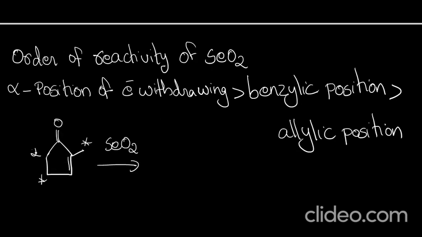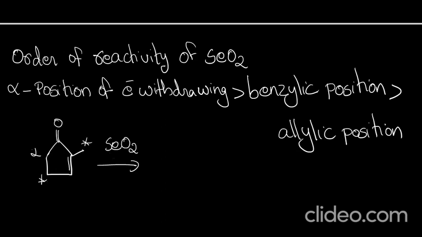It has an alpha position of an electron withdrawing group like a carbonyl group, and it also has two allylic positions. This is an allylic position and this is also an allylic position. Which oxidation will take place in the presence of selenium dioxide?